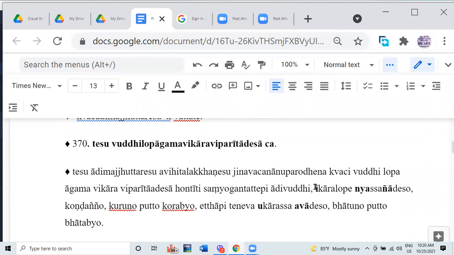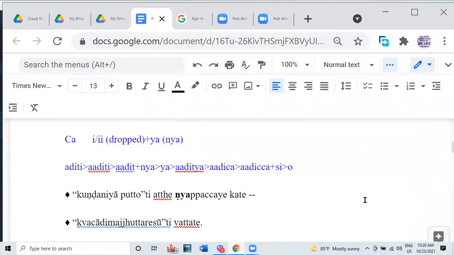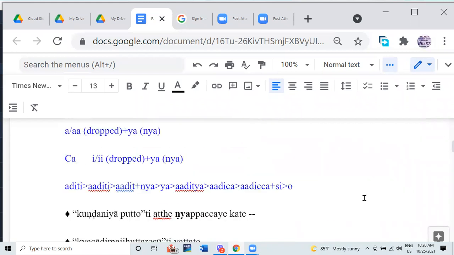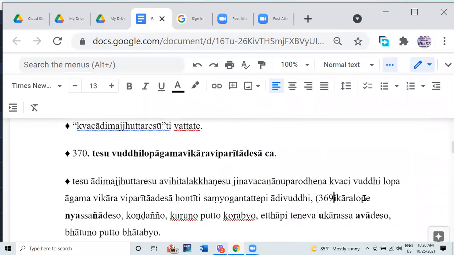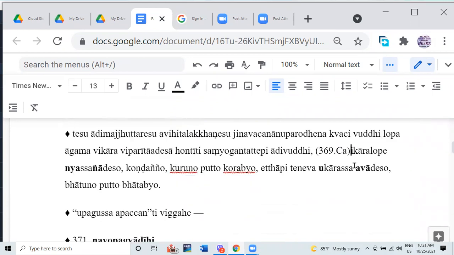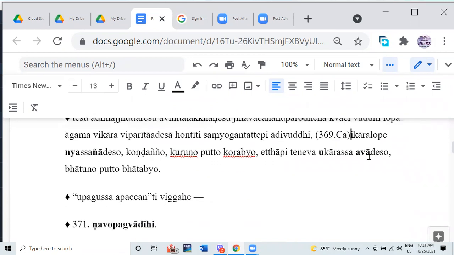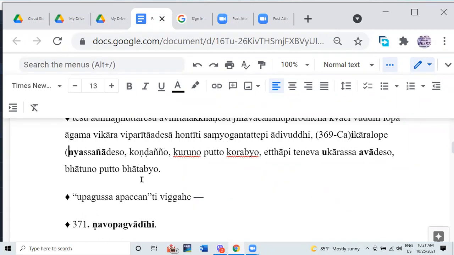Bambu Sutta, I think, should give the number 369. The word cha. E is dropped, and then Nesa nyariso. There is a 41 sutta, I think.